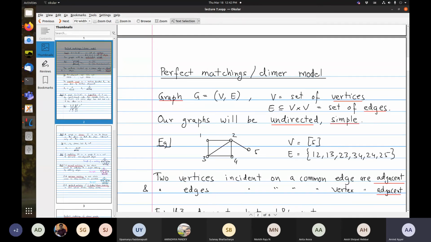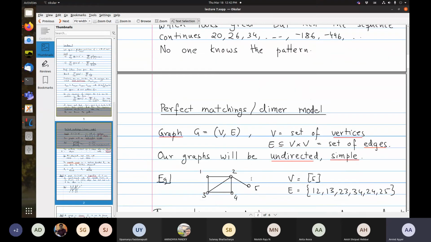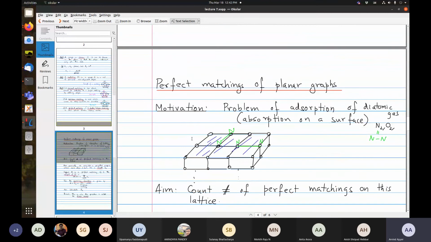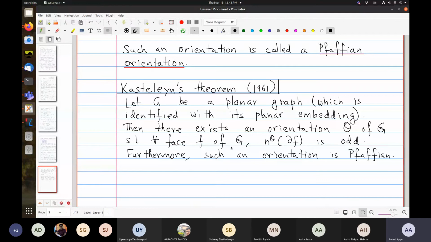But from his point of view, this was exactly what he wanted, because if you go back to the motivation, the surface of a solid is a planar graph, a 2D lattice. So he was able to solve this problem completely in full generality from his point of view. Of course, ideally one would like a solution for all graphs, but that ain't happening.